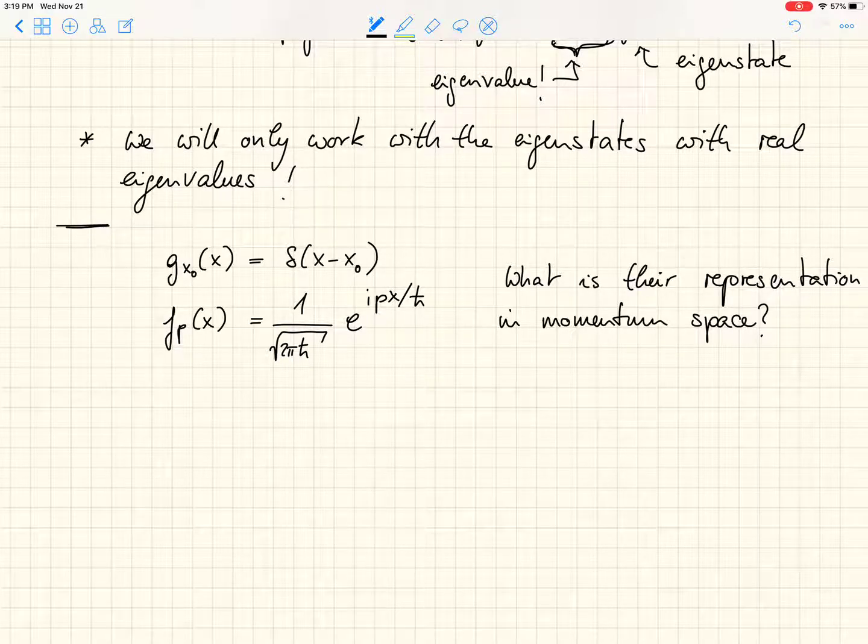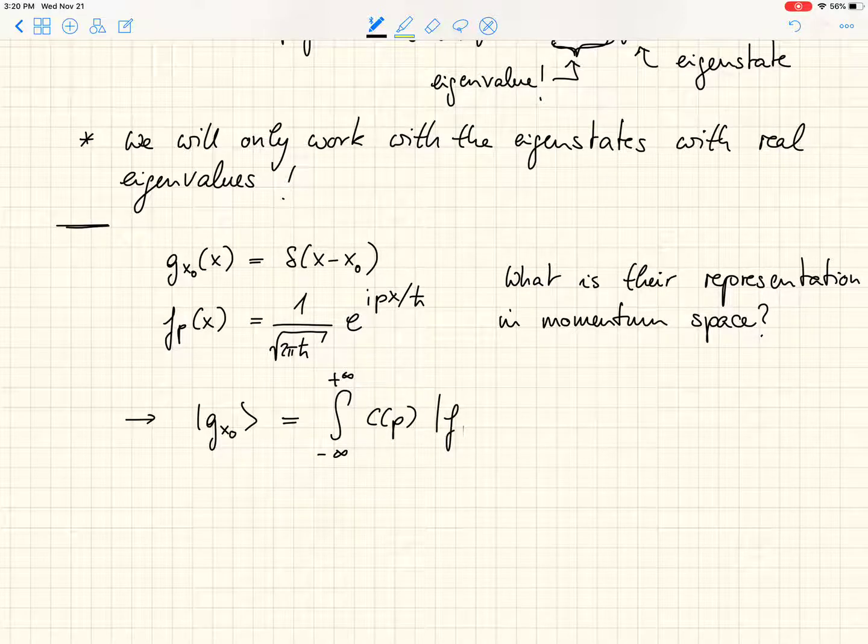And that essentially would be the question of, if I have g of x dash, I can write this as an integral from minus infinity to infinity of c of p f of p dp.